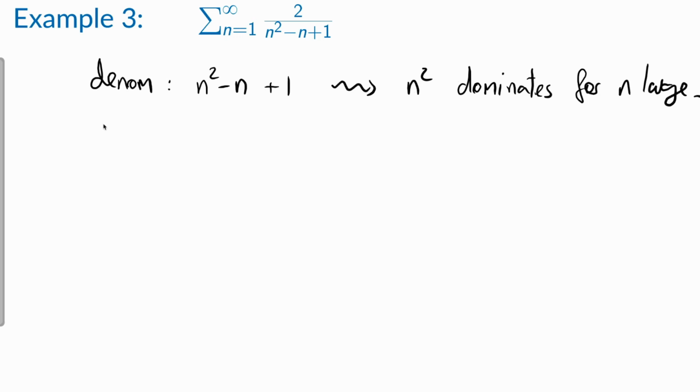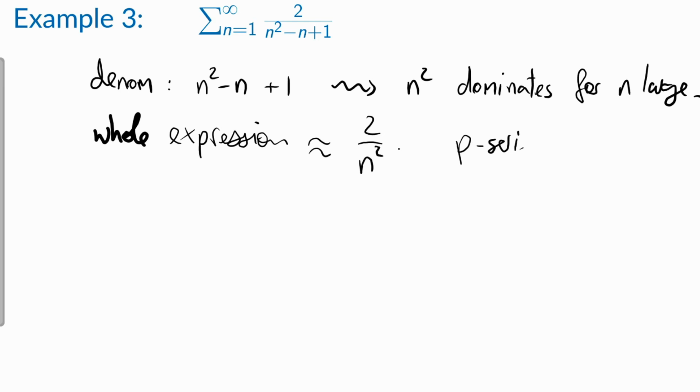So the whole expression is going to be more or less like 2 over n squared. Now that's a p-series for p equals 2, and that converges, right? So the first thing we're going to think is, okay, this series converges because it looks like 2 over n squared. So now we need to really use our tests in order to figure out how to get that.